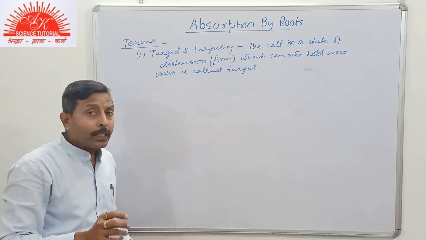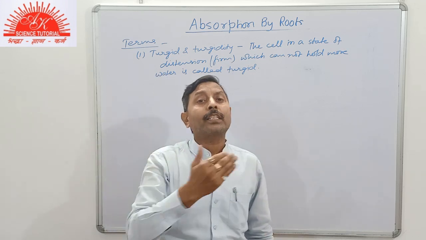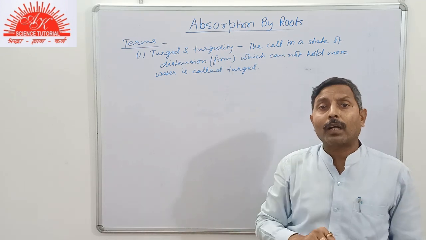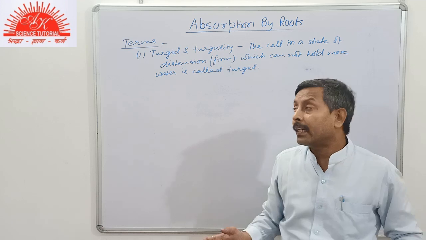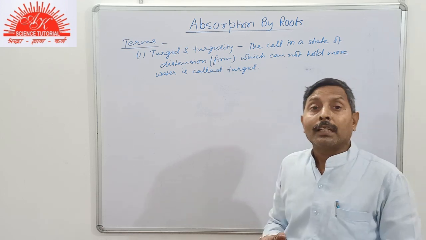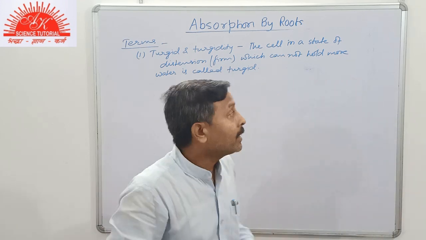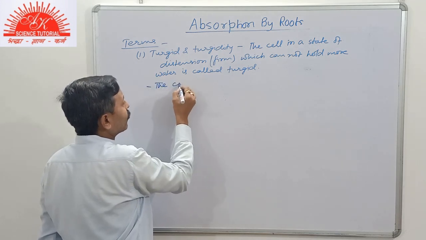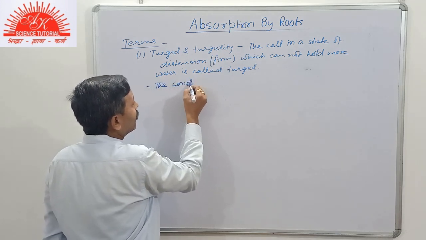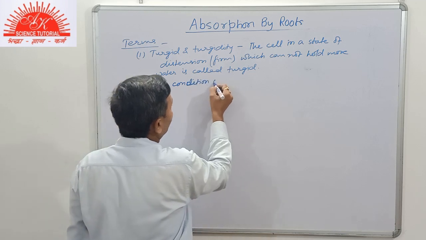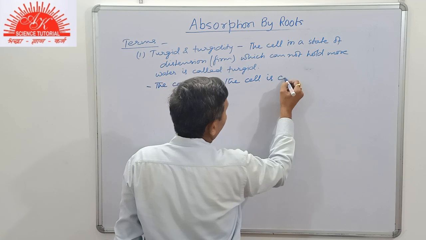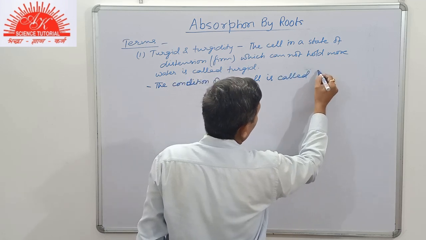But if the question is asked, name the condition when the cell cannot hold more water, when the cell is distended, in a state of distension, then it is said to be turgidity. That is, the condition of the cell is called turgidity.